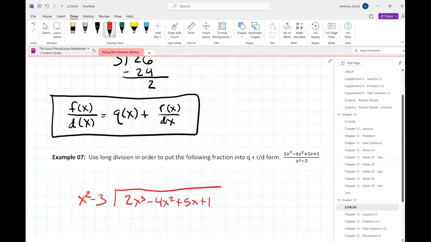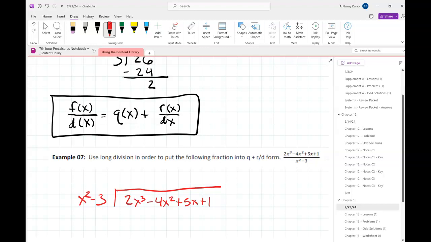Now, there's one slight modification that I'm going to make here before we get started. Look at that divisor, the x squared minus 3. What do you notice about that? Seems like it's missing something to me. I go from x squareds to constants.